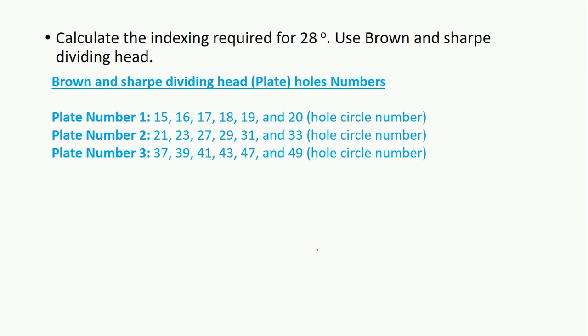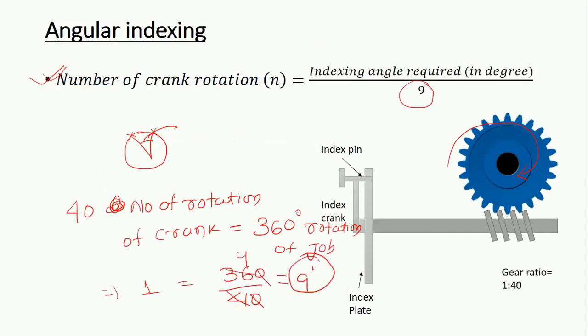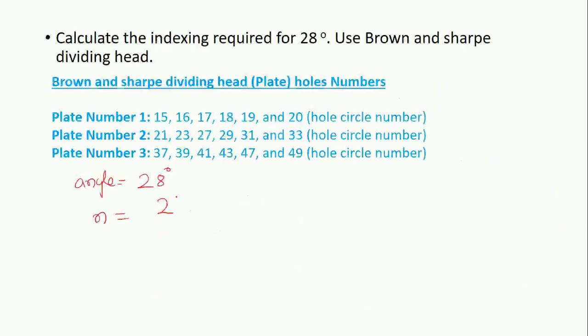Better to go for one practice problem so that we can solve. Here the indexing angle required is 28 degrees. What is the formula? Number of crank rotation is equal to indexing angle required in degrees, 28 degrees by 9.